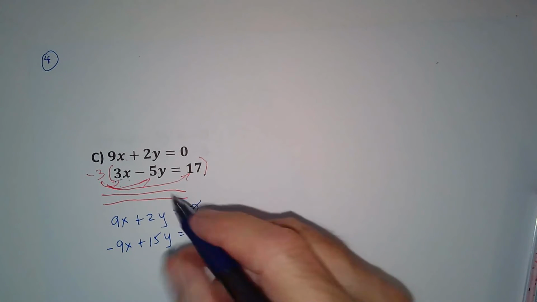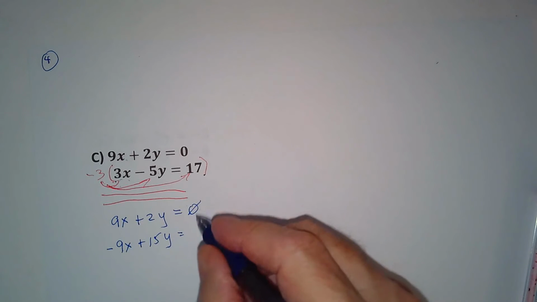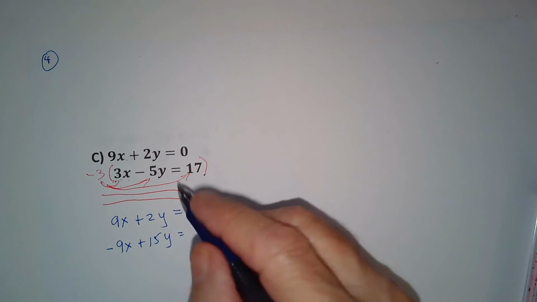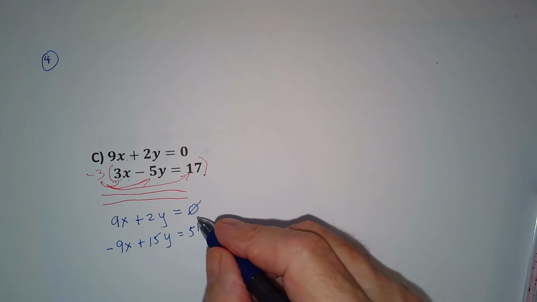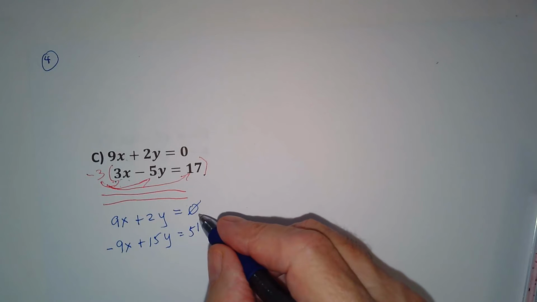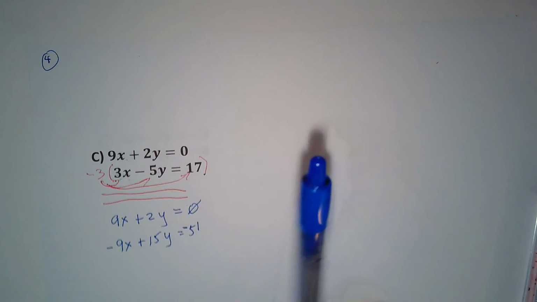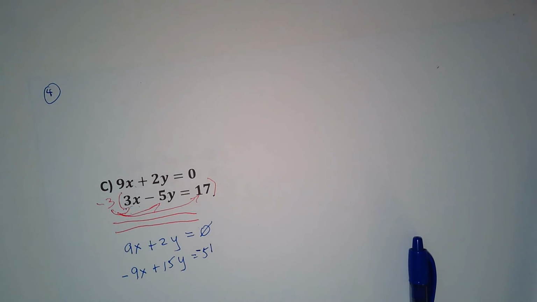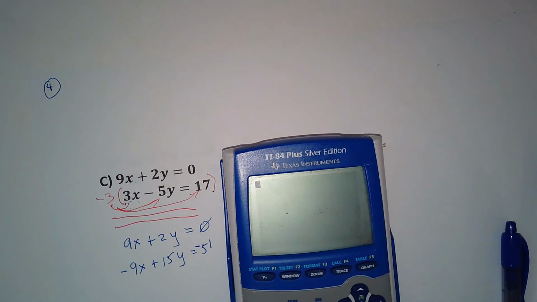And let's see, negative 3 times 17. Negative 3 times 7 is 21. Carry the 2. Negative 3 times 1 is 3, plus 2 is 5. And so it looks like it's going to be negative 51. Okay, negative 51. Now, if we aren't sure about that, and I'm a little bit unsure because I'm not always dealing with larger numbers like this, just get out your calculator.